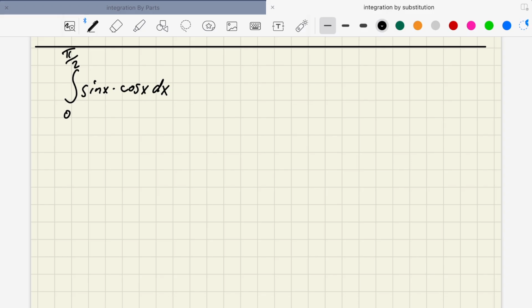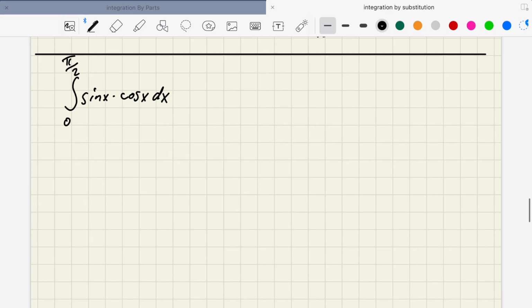Okay, first step is the same. We choose which factor to substitute. In this case, it doesn't matter. A little bit easier is sine x.